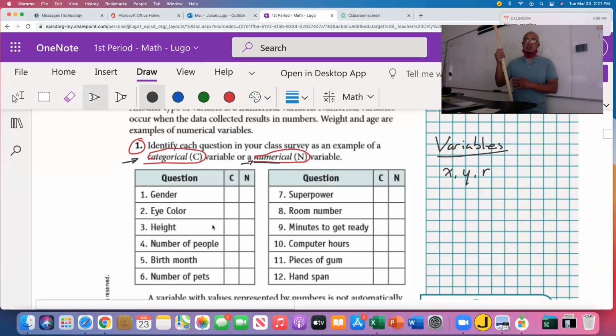Is 68 larger than 67? Yes, right? That is indicating that that individual is taller than me, just like 67 is more than 60, indicating that I am taller than that individual. The number actually makes a difference. It is a numerical variable because the number is measurable and it makes a difference. 67 inches is more than 60 inches.